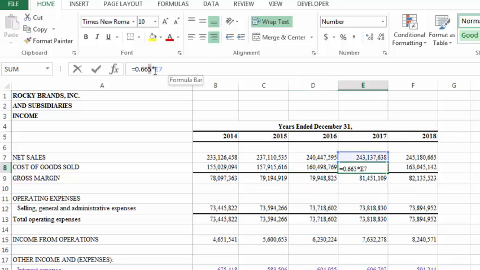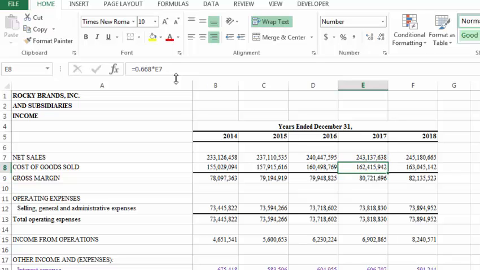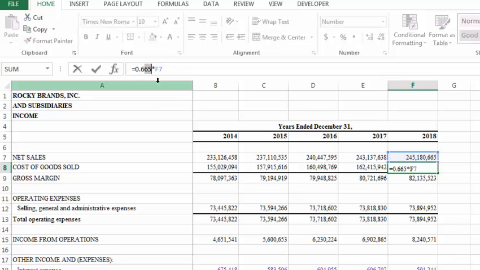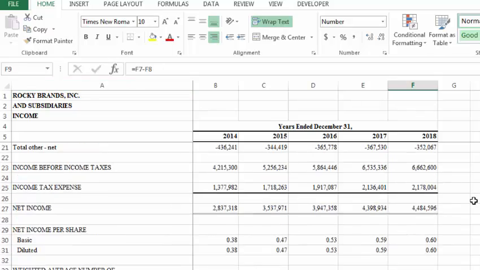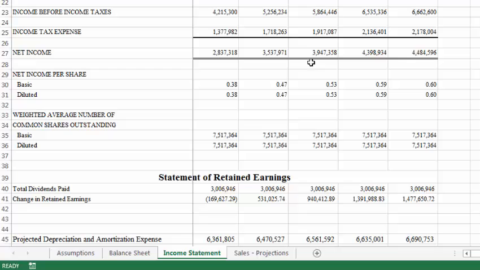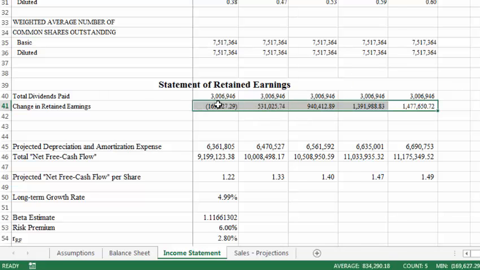And then 66.8, and then maybe 67, just to let it round up a lot. As I scroll down, I want to make sure that these are still kind of positive, which they are. I want to make sure that I'm still able to have positive change in retained earnings, which I am.